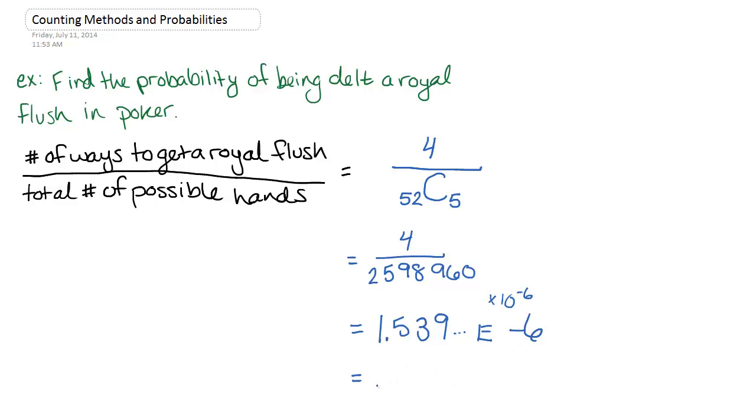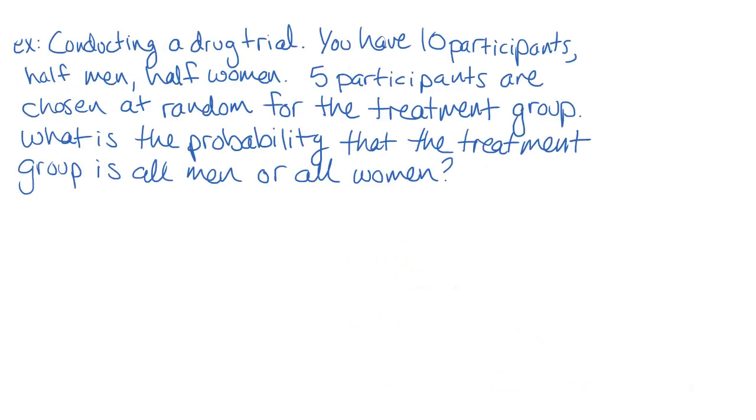So we have to move our decimal place 6 places to the left, which means we're going to have 5 zeros and then our number. So this is a very small number. Even if we converted this to a percentage, this is 0.0001539%. It's extremely unlikely to get a royal flush.